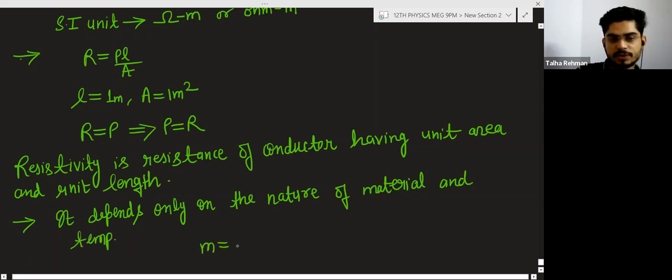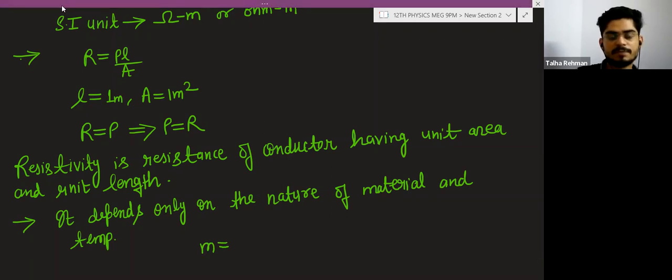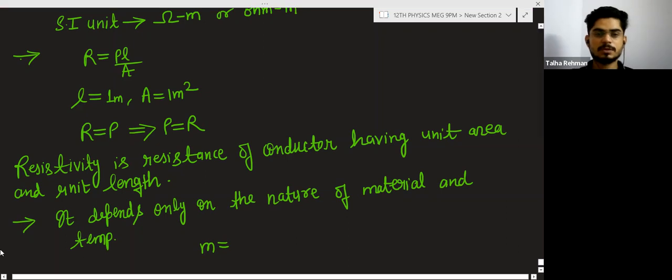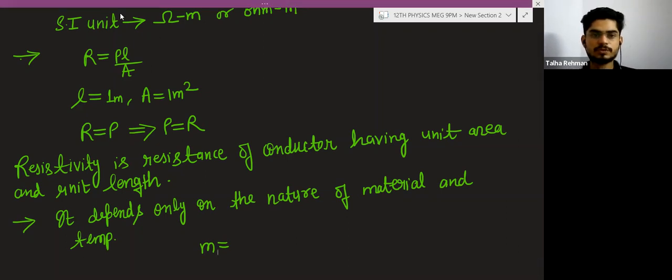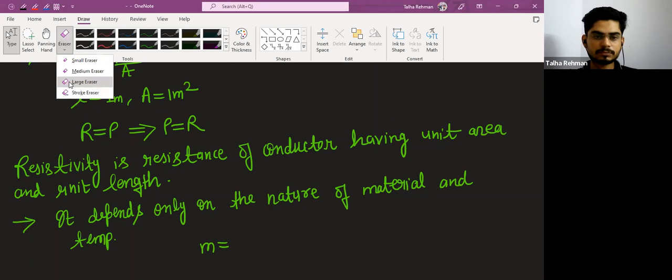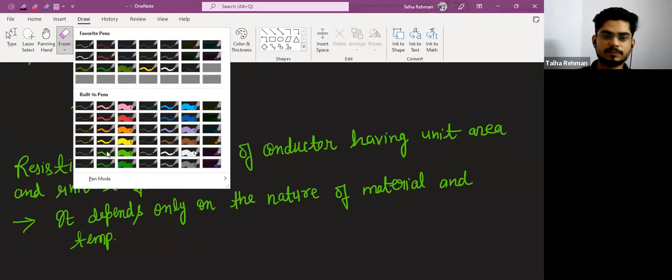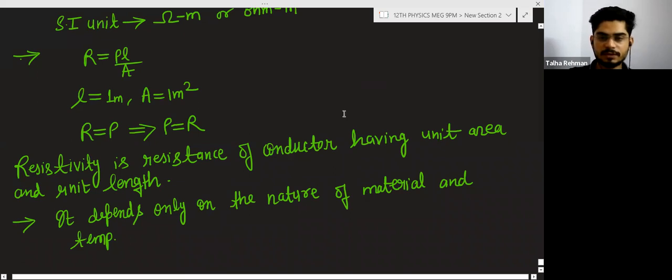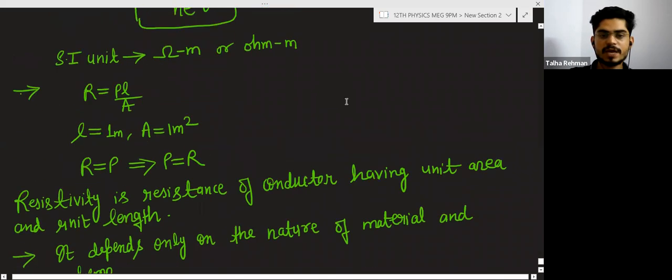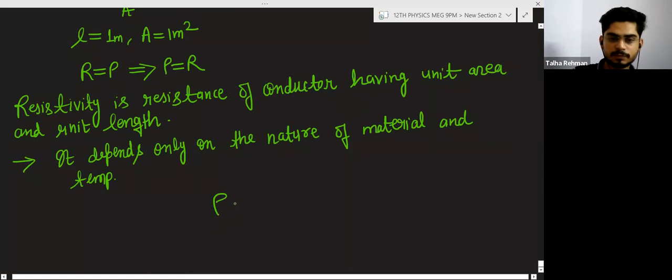See here, for the resistivity we have the formula rho is equal to m upon n e square into tau.